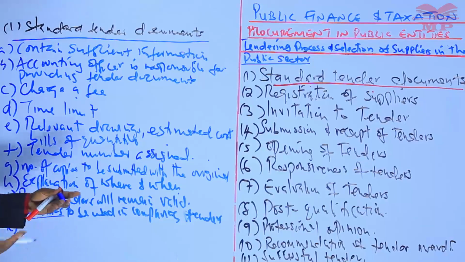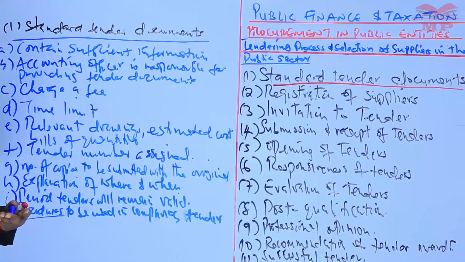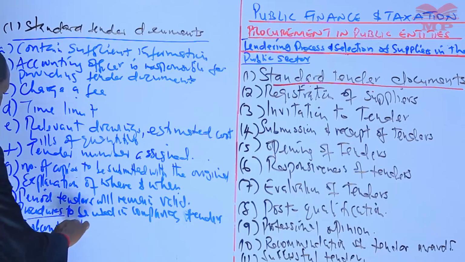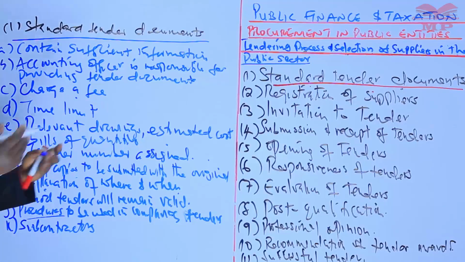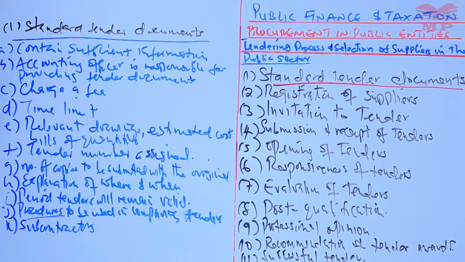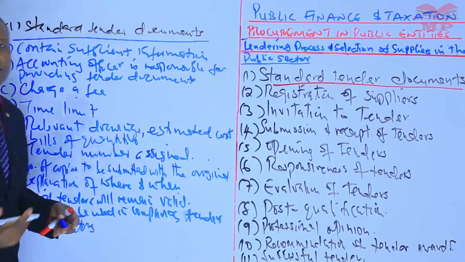And another point in relation to standard tender documents is that there ought to be provision for providing details of subcontractors for the bidder. And where applicable, a declaration that subcontractors have complied with the Act.